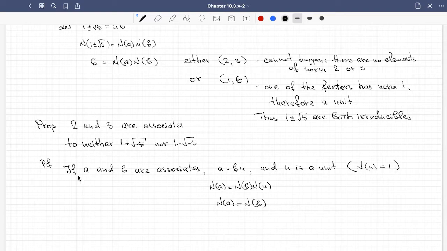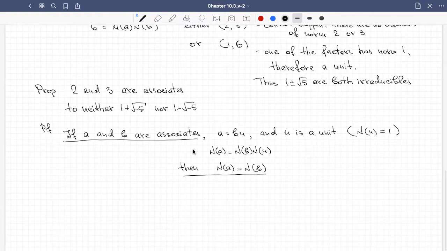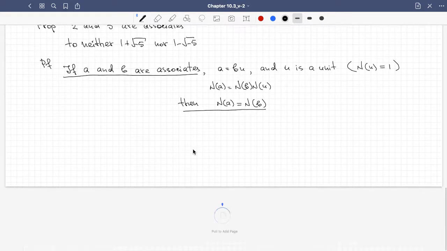So if two elements of the ring are associates, then their norms must be equal. The converse is not true. These two, 1 plus and 1 minus root of negative 5, have equal norms but are not associates. That is just a marginal remark.